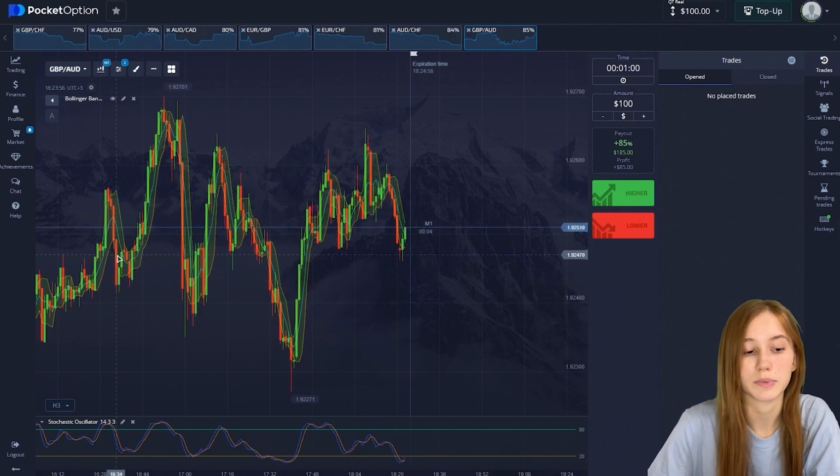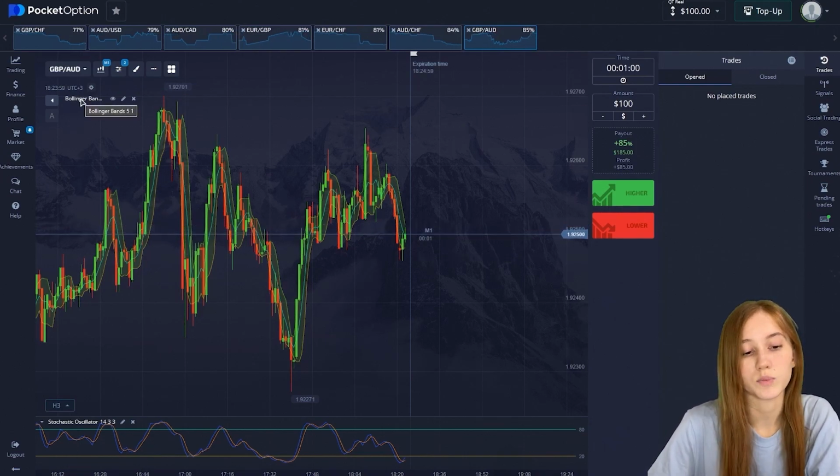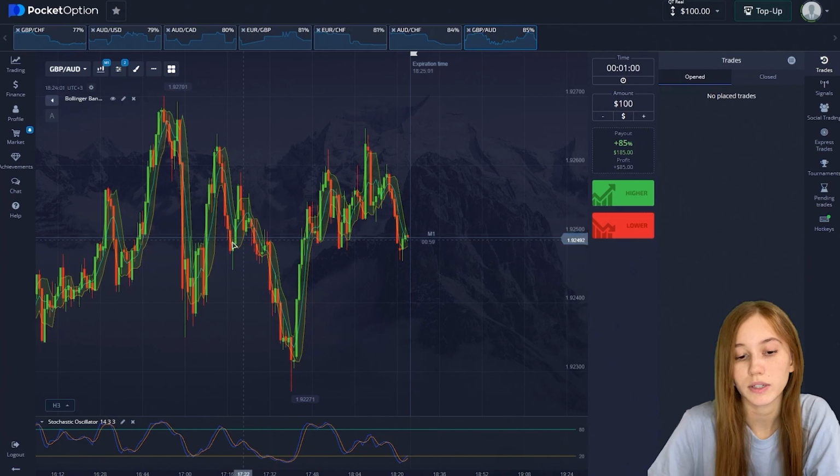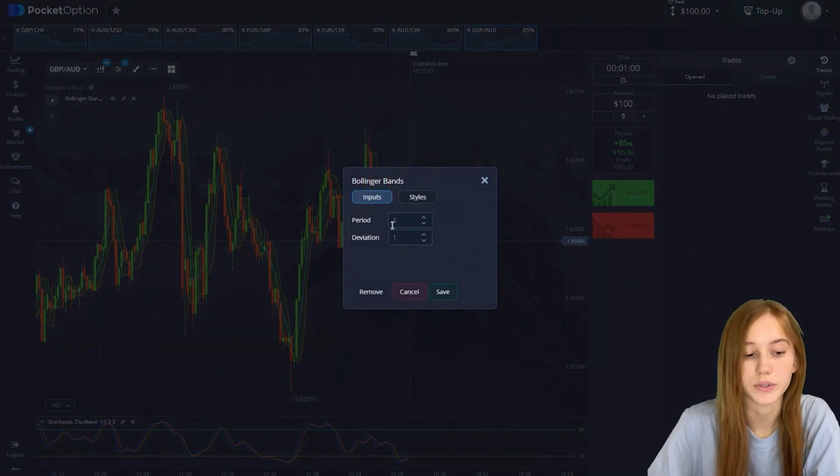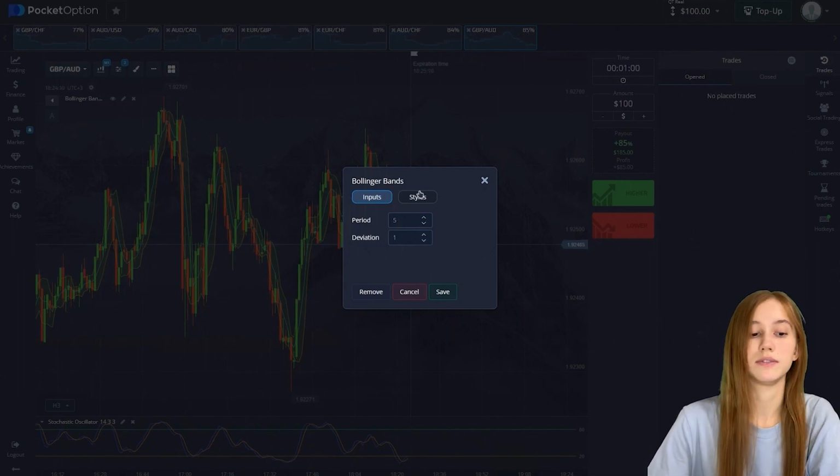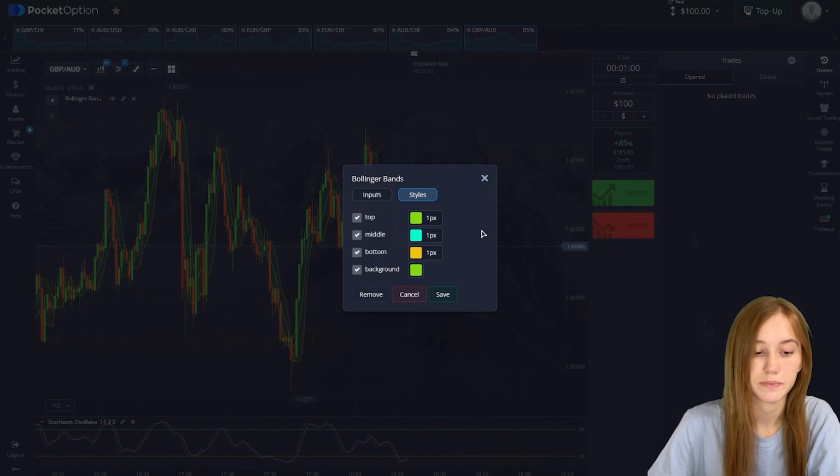Bollinger Bands are displayed on the chart along with the price candles in the form of an upper and lower line located around our moving average. This indicator shows the overall volatility, and also the direction of our trend.